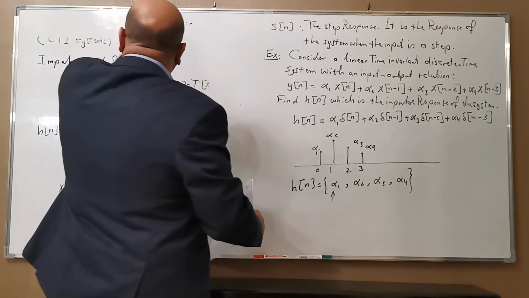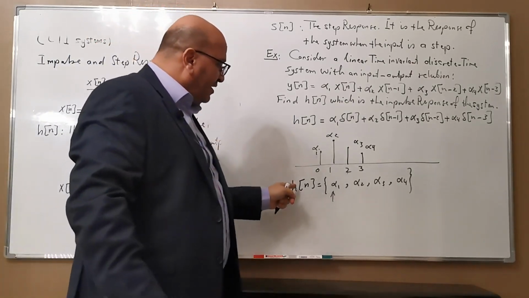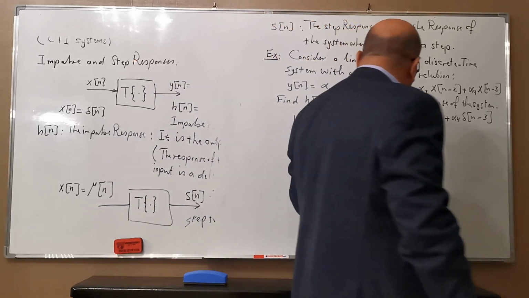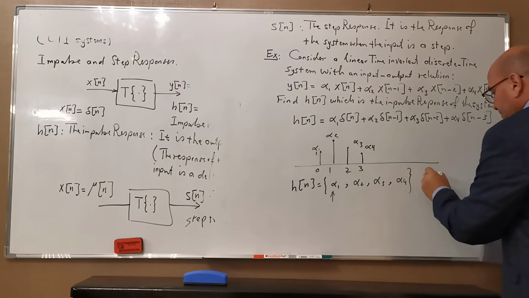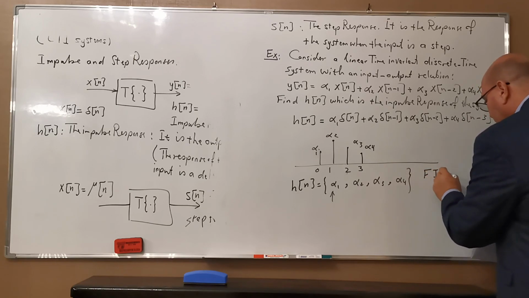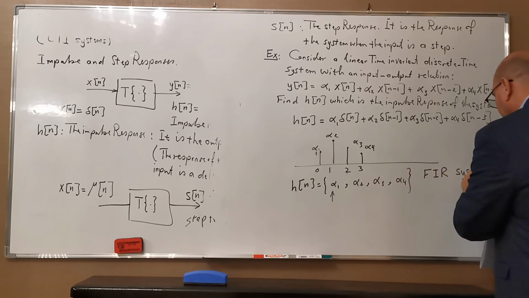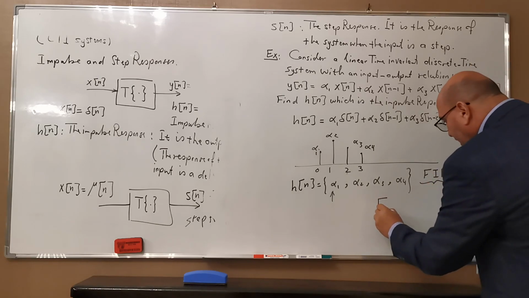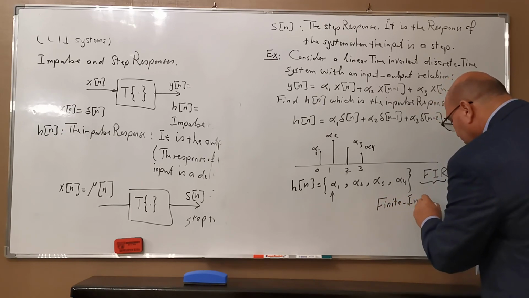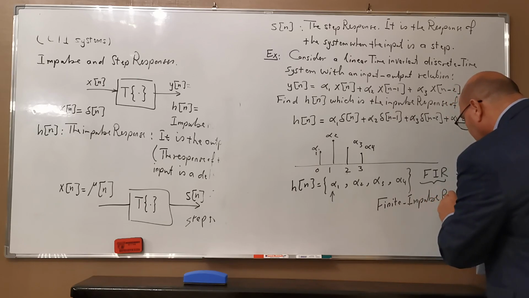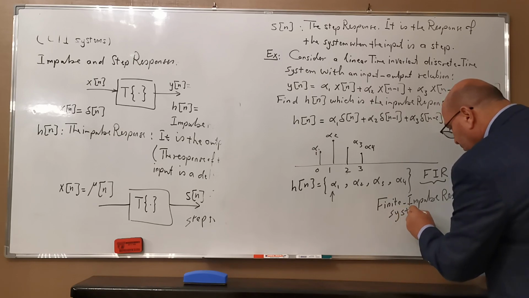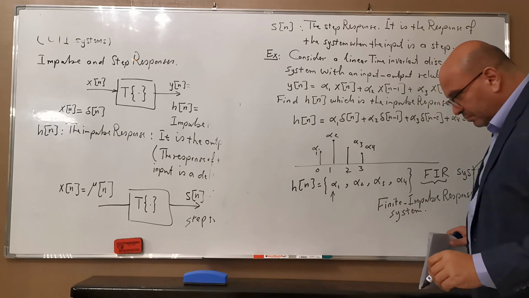By the way, when we have an impulse response in this manner, which has finite values, we say that this system is FIR, which means finite impulse response system.